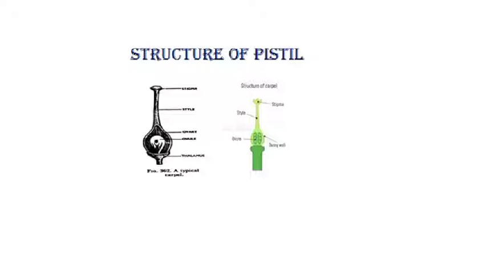The stigma is a rounded head, a specialized part of the pistil on which the pollen grains land. The style is the tubular structure that connects the stigma with the ovary. And the third, the lowermost swollen part, is the ovary containing one or more ovules. It may be monocarpellary or polycarpellary.